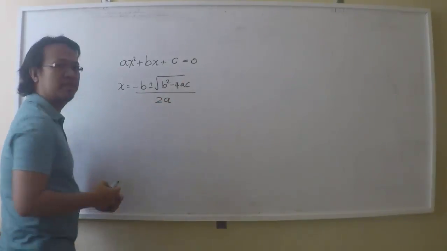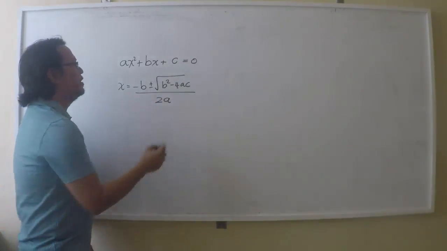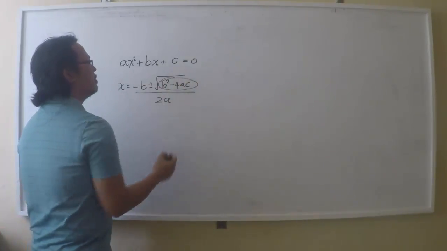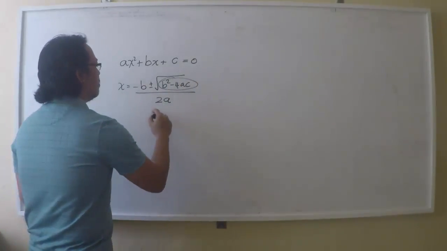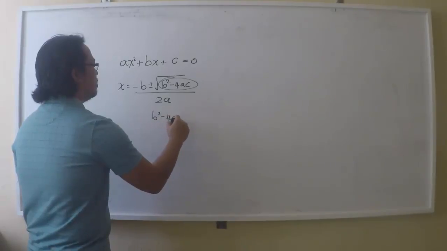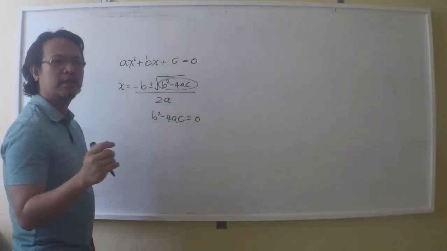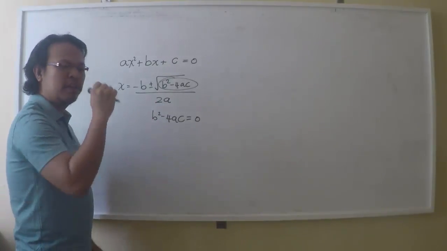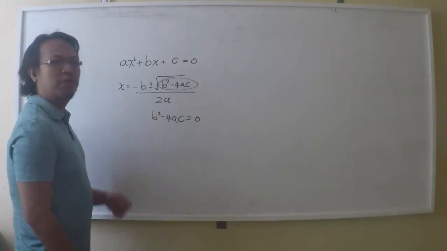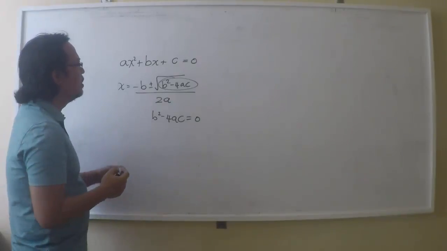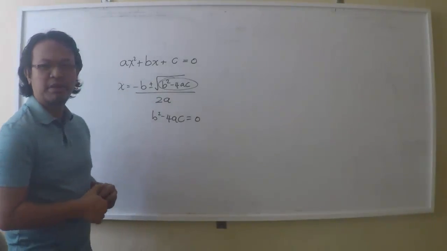There are three possibilities. If this discriminant, b squared minus 4ac, is equal to 0, therefore there are two roots. They are the same, two equal roots.